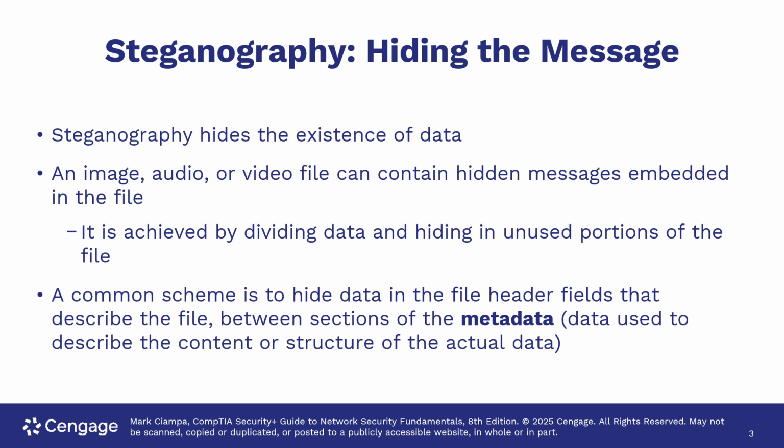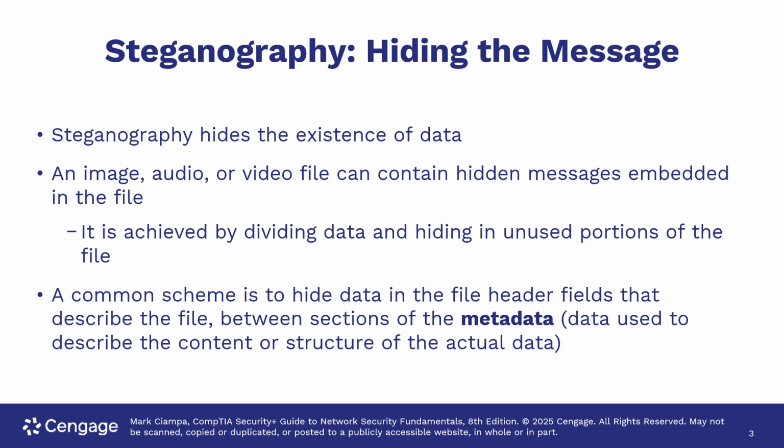So, let's talk about steganography, which is the process of hiding the message. It hides the existence of data. So maybe you put the data in a picture, audio, or video, which can contain the hidden message embedded in it, and then extract that information later on.